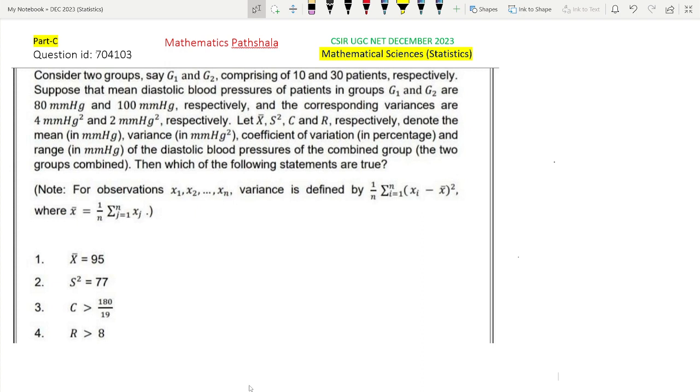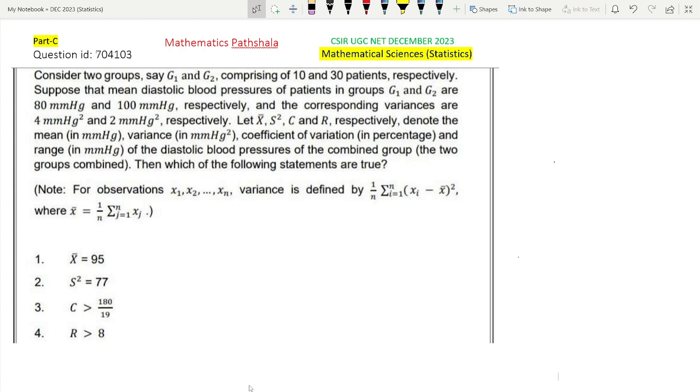Let x bar, a square, c and r respectively denote the mean, variance, coefficient of variance in percentage and range of the diastolic blood pressures of the combined group. Then which of the following statements are true?